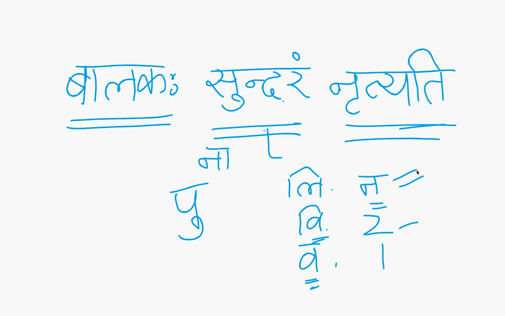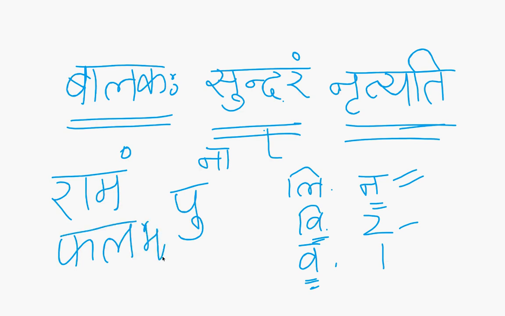In napumsakalingam also it is phalam, phale, phalani. Correct. In both pullingam and napumsakalingam, first and second, it is the same, phalam. Phala also becomes phalam. So we could have said that Sundaram is pullinga Dvitiya Vibhakti. Why are we saying it's napumsakalingam Dvitiya Vibhakti?